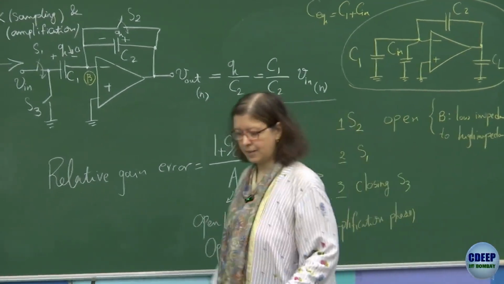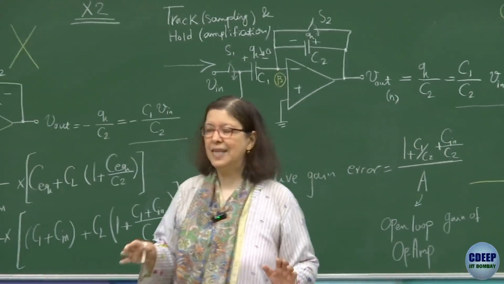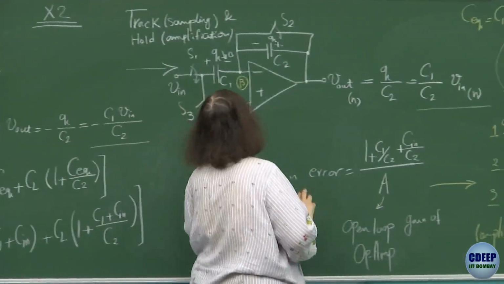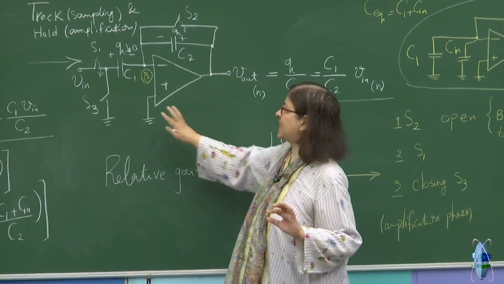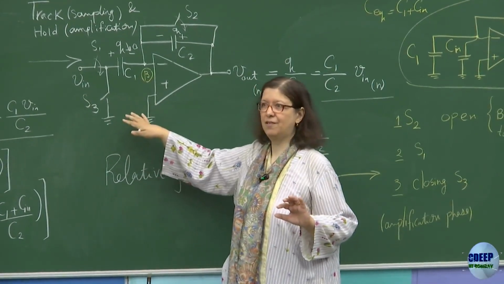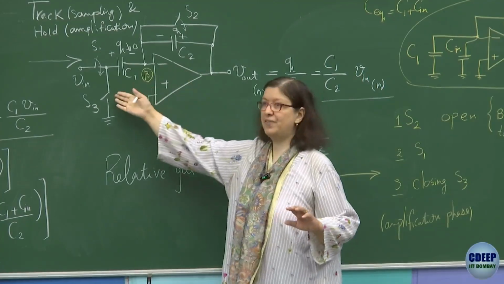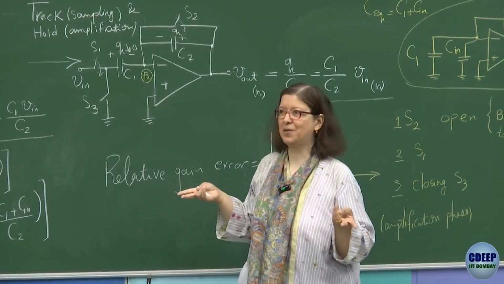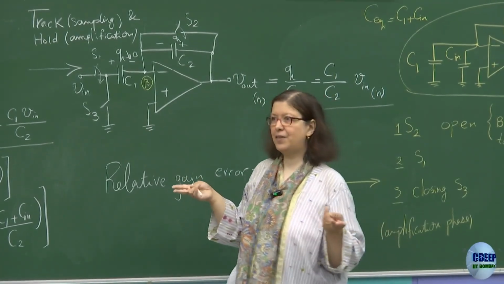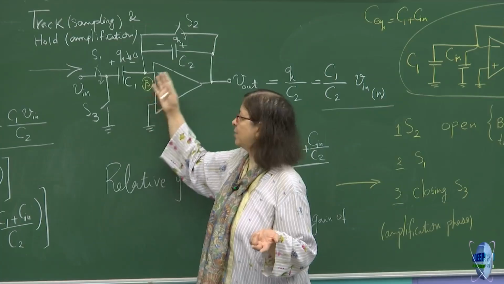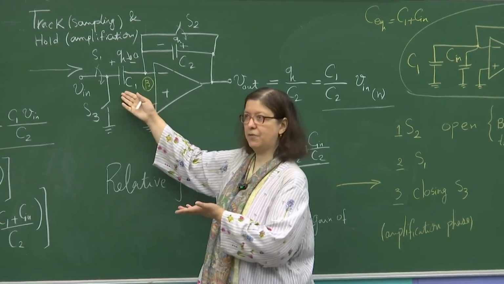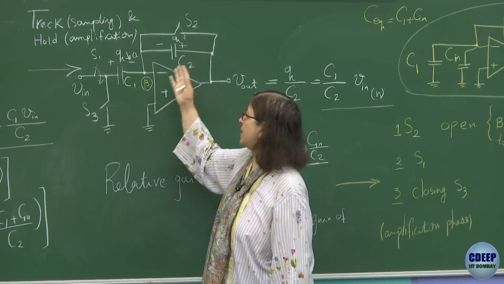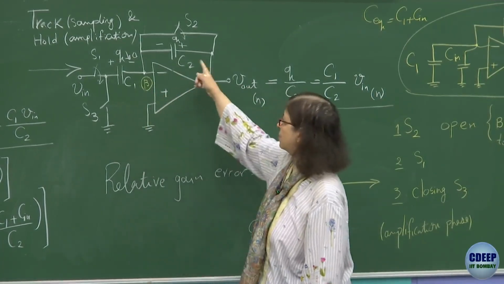Now there is another technique which is actually used, and it is still a switch capacitor discrete time amplifier, but by increasing the number of switches and charging C2 also, it actually provides gain of 2 using the same capacitors. Therefore, it will save the area, because here you have to make C1 to be 2 times of C2. So you can still have C1 and C2, and add extra switches to charge also C2.